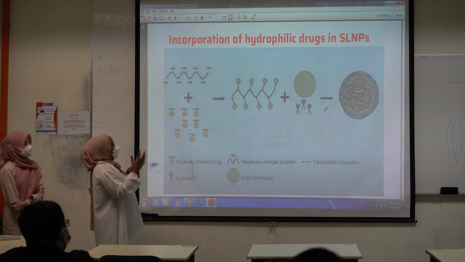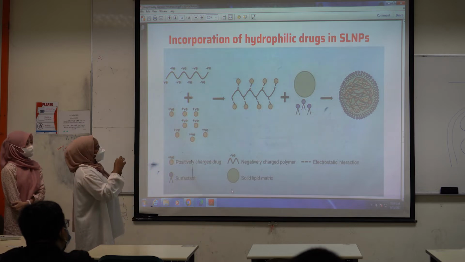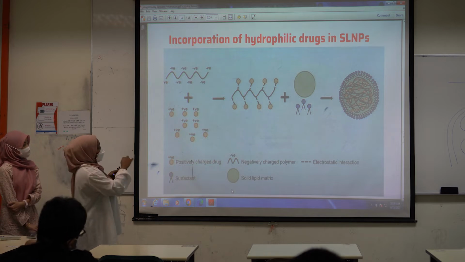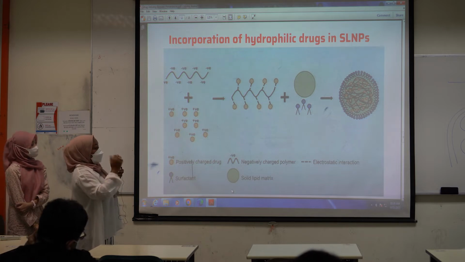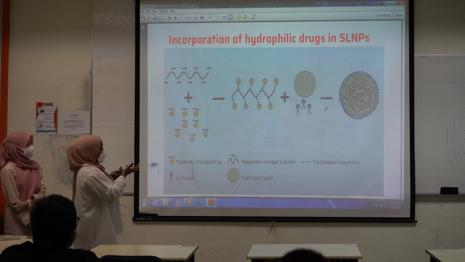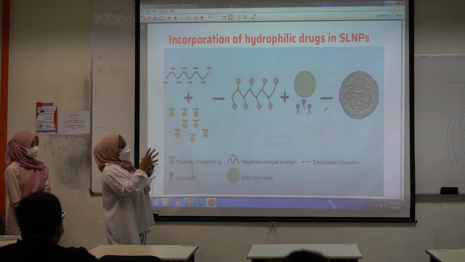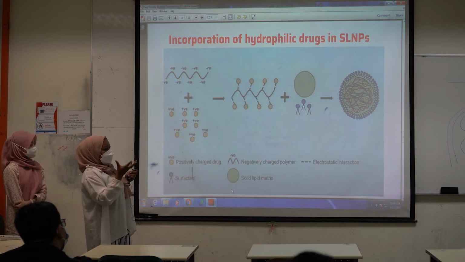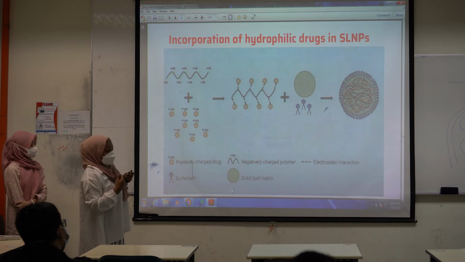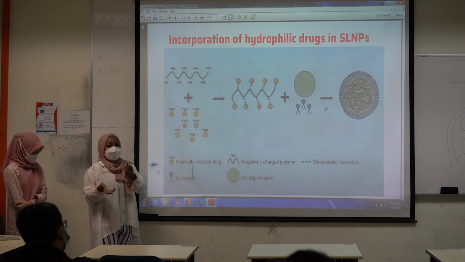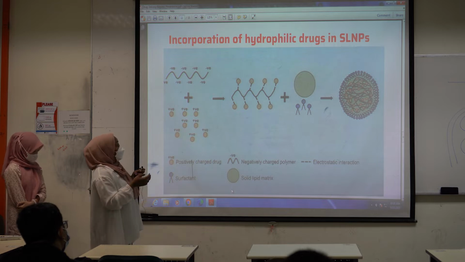So if we want to incorporate a hydrophilic drug, we use a charged polymer, which will be combined with the drug, which are normally positive, and then this complex will be put inside, which is compatible with the solid lipid nanoparticle. That way we can incorporate the soluble drugs.